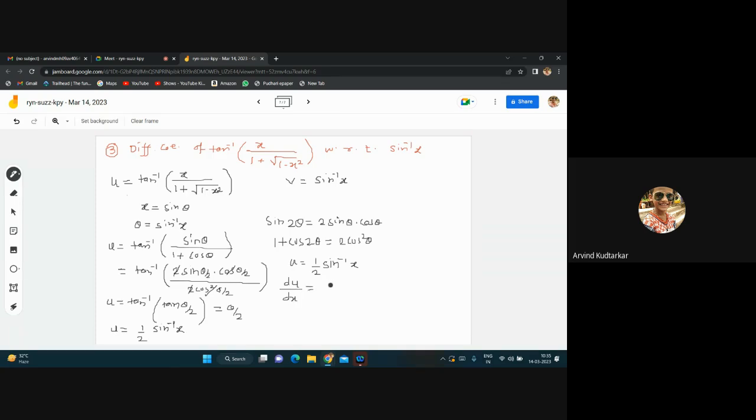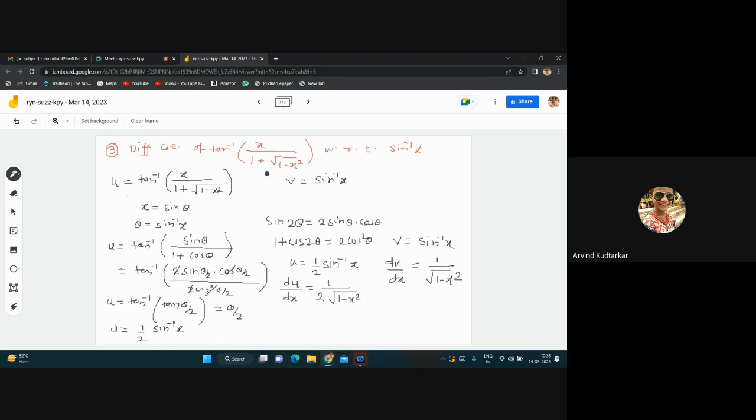The derivative of sin inverse is what? Half is constant, keep it as it is. The derivative of sin inverse is 1 upon root of 1 minus x square. And what about v? V is sine inverse of x. What is dv by dx? It is 1 upon root of 1 minus x square.